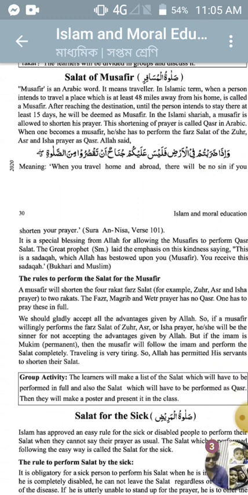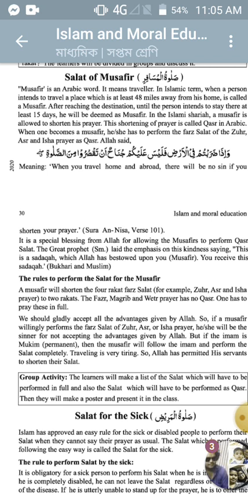He or she has to perform the faraz salat of the Johor, Asr and Isha prayers as Qasr. Allah the Most High says in the Holy Quran: وَإِذَا ضَرَبْتُمْ فِي الْأَرْضِ فَلَيْسَ عَلَيْكُمْ جُنَاحٌ أَن تَقْصُرُوا مِنَ الصَّلَاةِ.